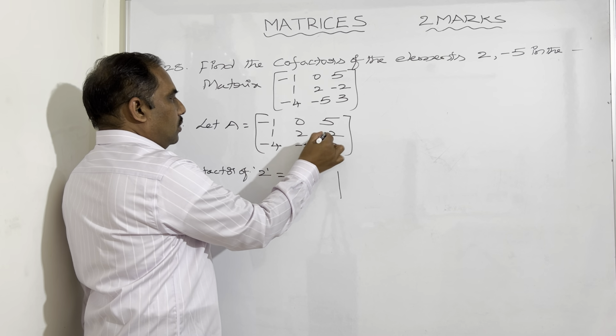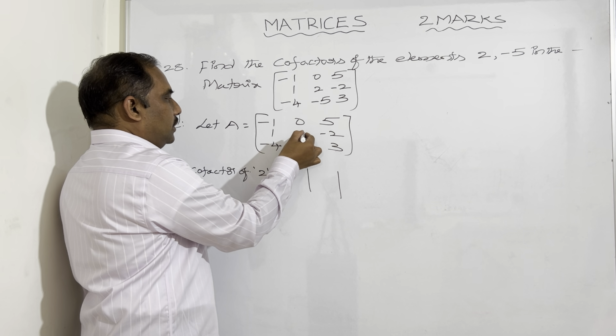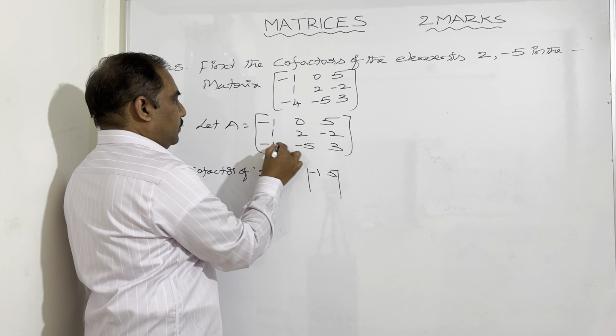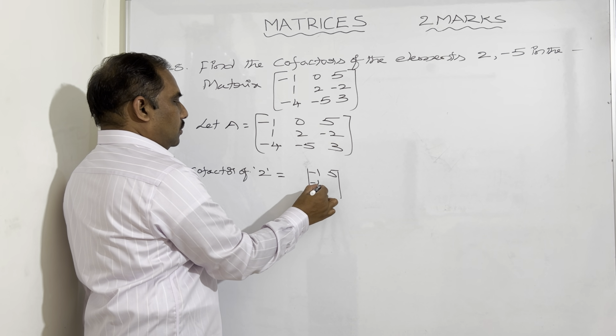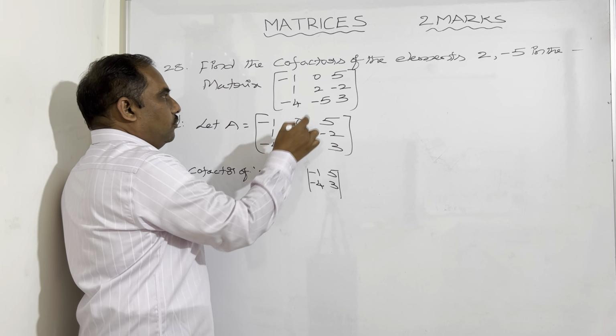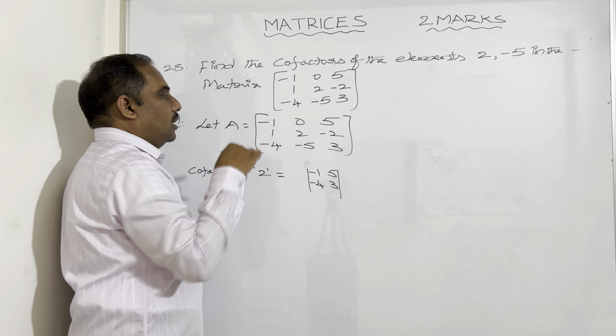In which only the element 2 is present, we get minus 1, 5 and minus 4, 3. Deleted second row, second column. Why? The element 2 is present in the second row, second column.